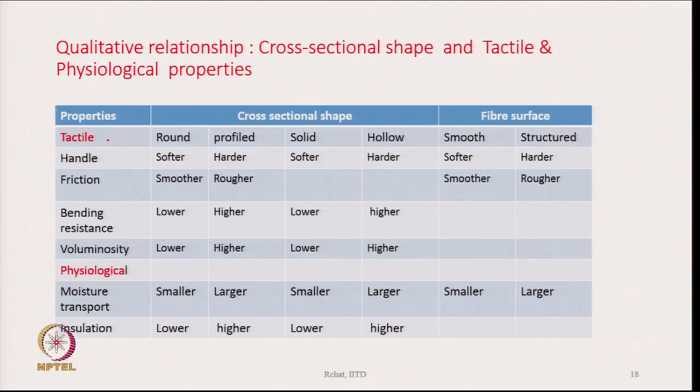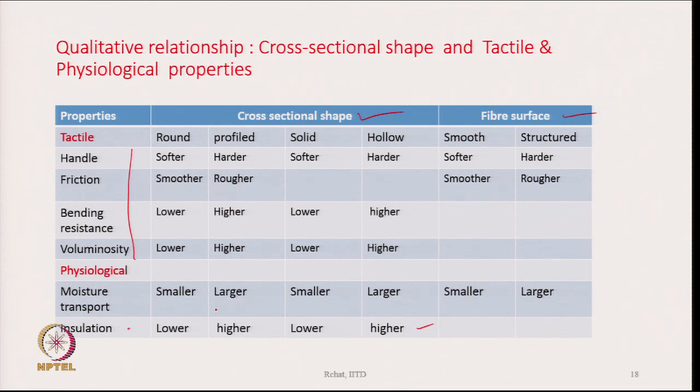Similarly, tactile properties also are shown here, then bending resistance, polymerism. So, these are related to tactile properties, how they are affected by cross-sectional shape and fiber surface is all stated here. Similarly, physiological properties, moisture transport, insulation property are all stated here.